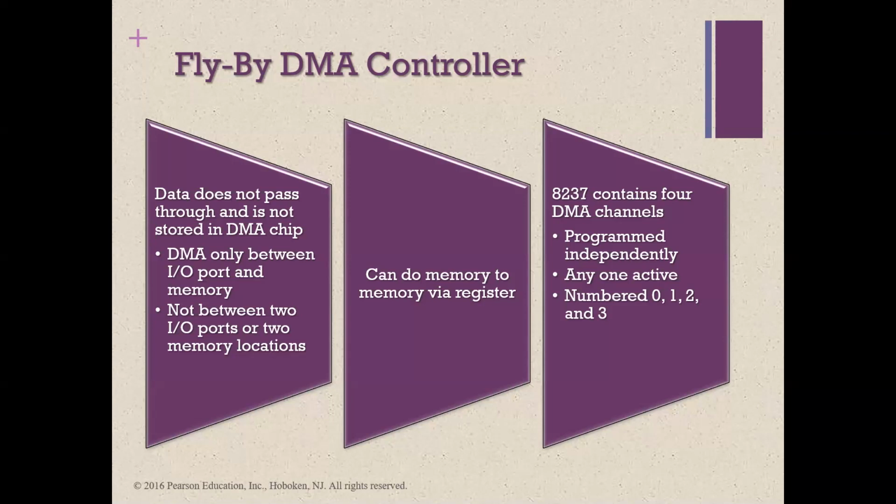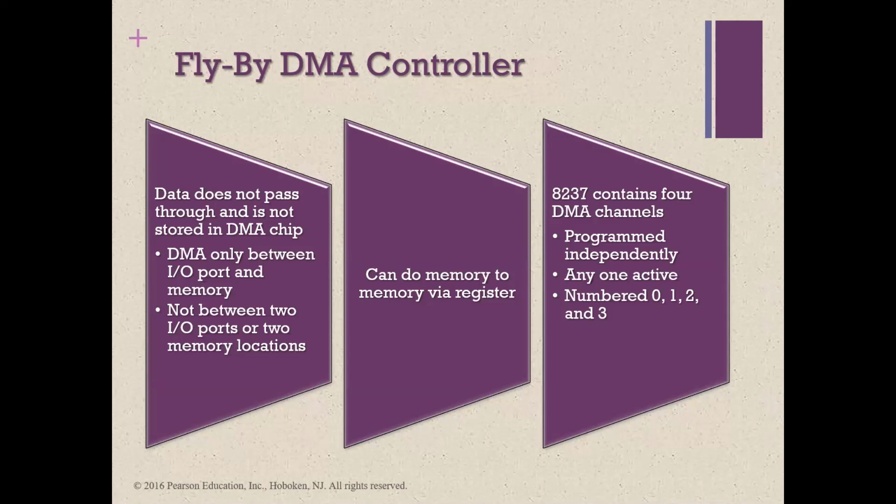This means that the data being moved from one location to another does not pass through the DMA chip and is not stored on the DMA chip itself. Therefore, the DMA can only transfer data between the I/O ports and the memory address, and not between two I/O ports or two memory locations. However, as explained subsequently, the DMA chip can perform a memory-to-memory transfer via a register.